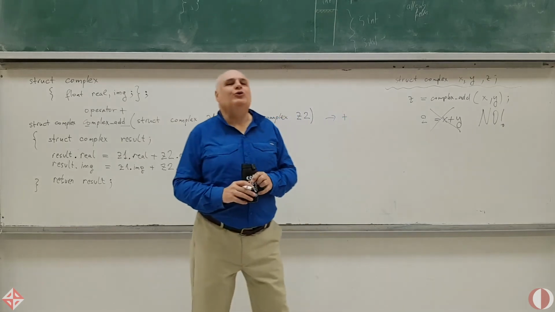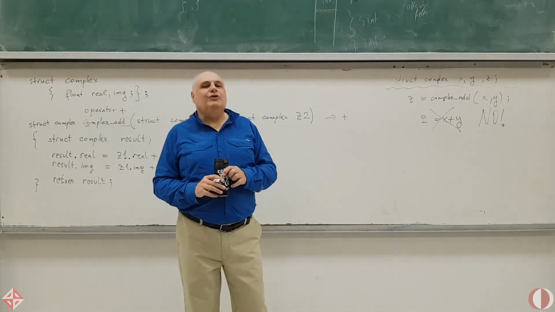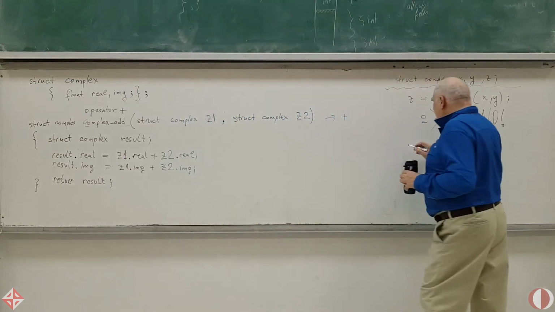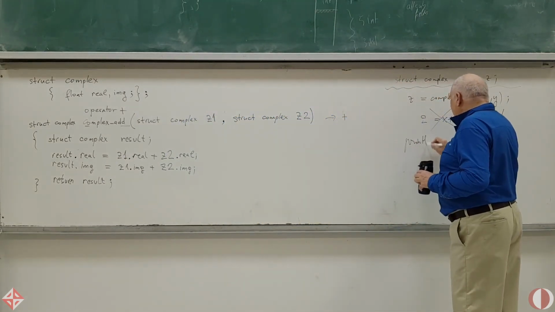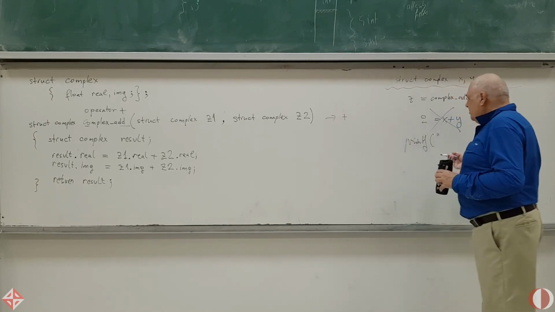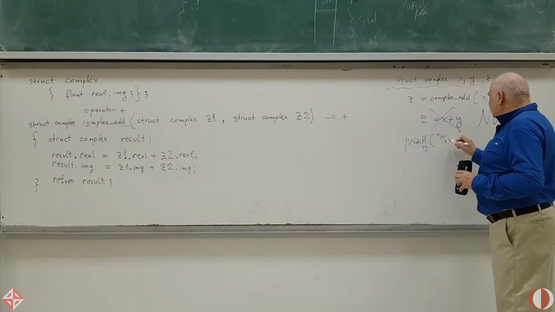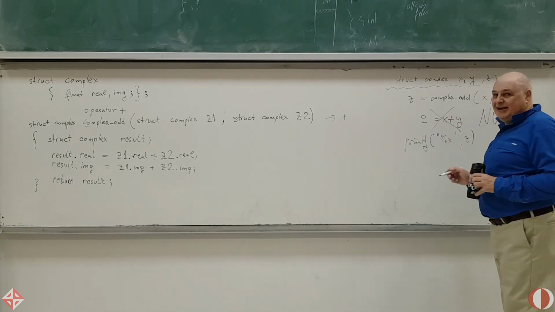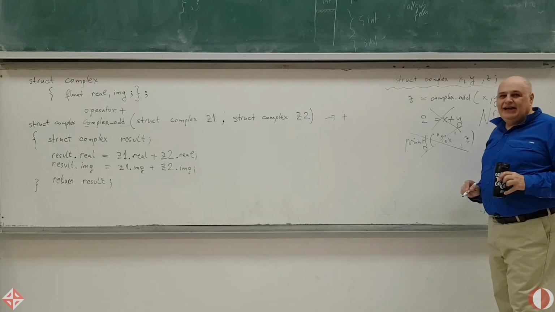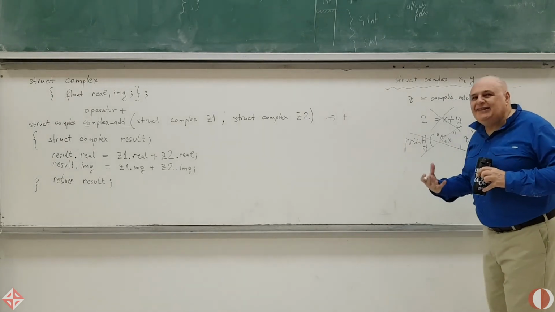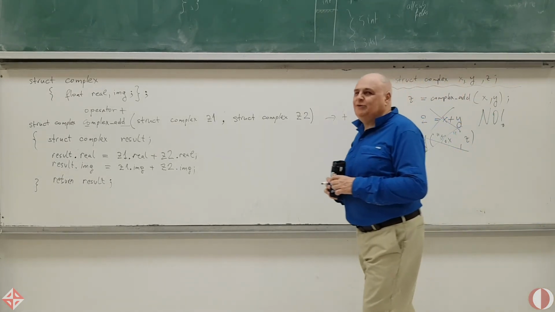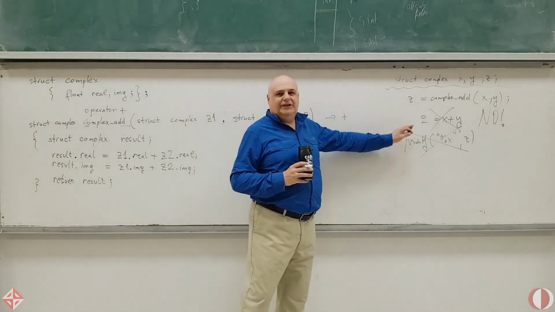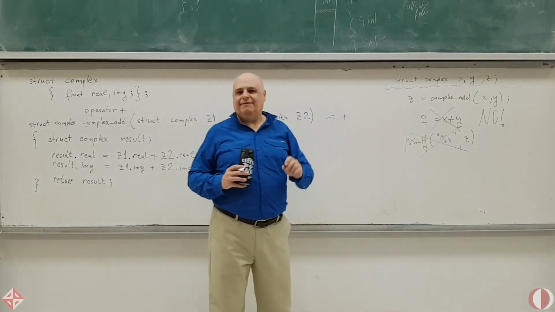In C, you cannot. You also cannot get something which says printf, let's say %x standing for complex, Z. You don't have this. You cannot extend the function's abilities. You have to write your own printf, complex printf.